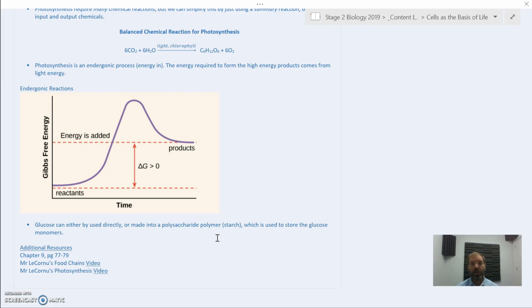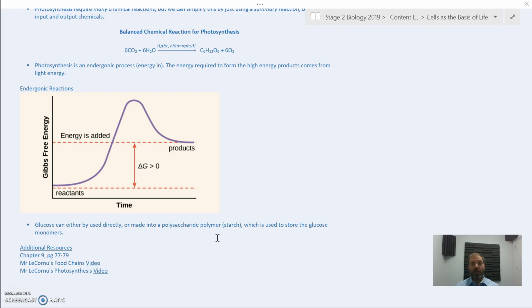So starch is a polymer of lots of glucose molecules that the plant can then use later on. Of course, animals such as ourselves want to find ways to get energy, and a really easy way to do it is to eat plants, especially those that have a lot of starch in them. So for instance, the starch grains in wheat or in potatoes, anything that's white like your rice, that's got a high content of starch in it.